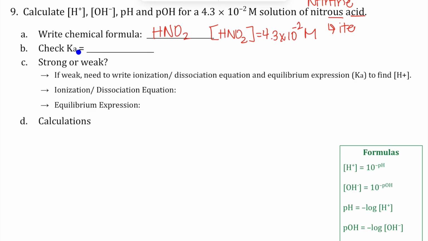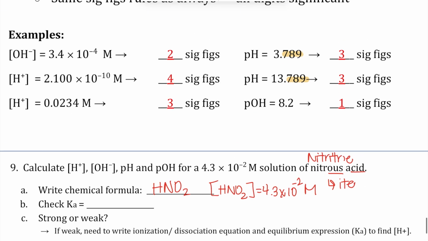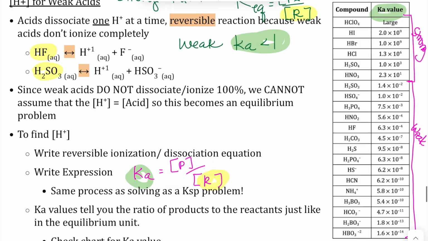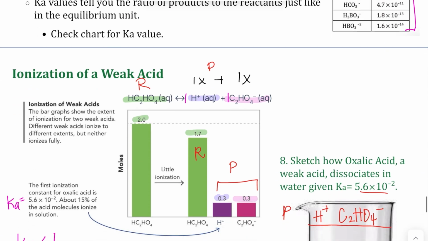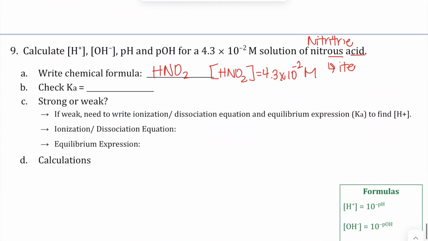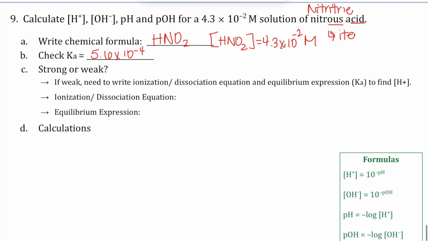So let's check the Ka formula. Going back a couple of slides or on the back of your formula sheet, I'm finding my HNO2, which is right here. Well, my Ka value is 5.6 times 10 to the negative 4. I'm going to write that in. Remember, Ka values or any K value doesn't have a unit on it.